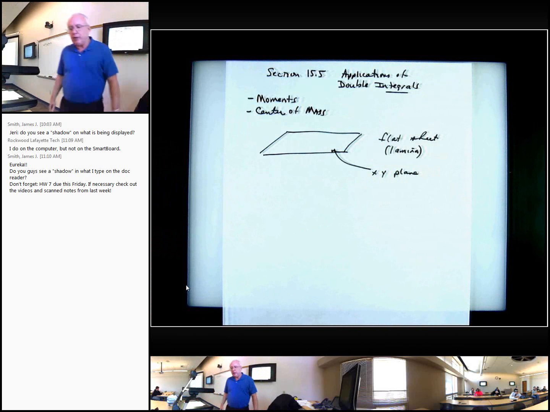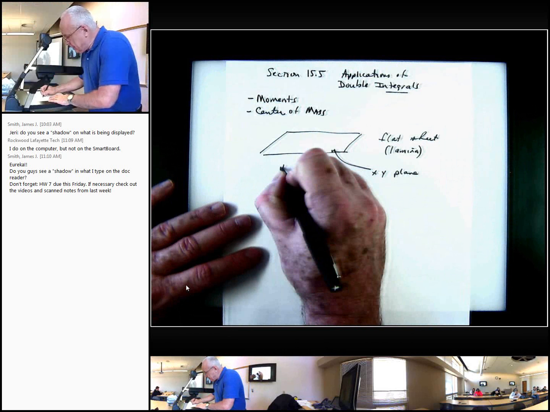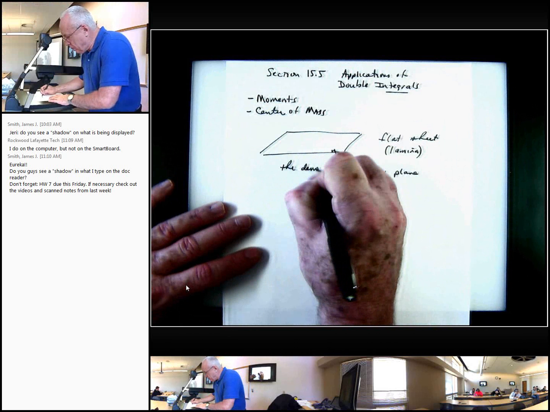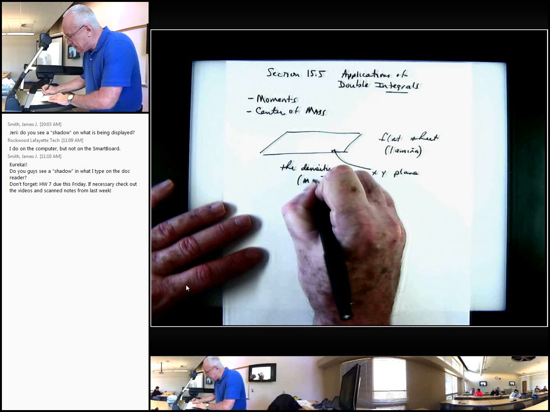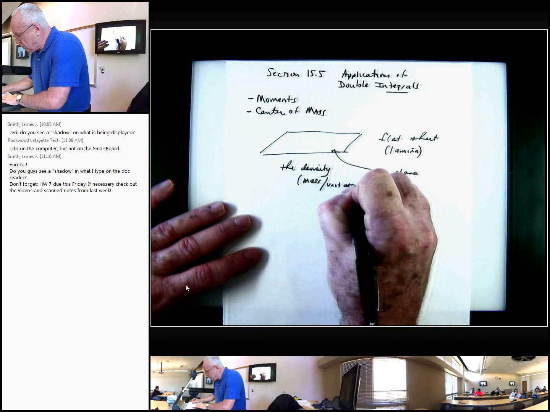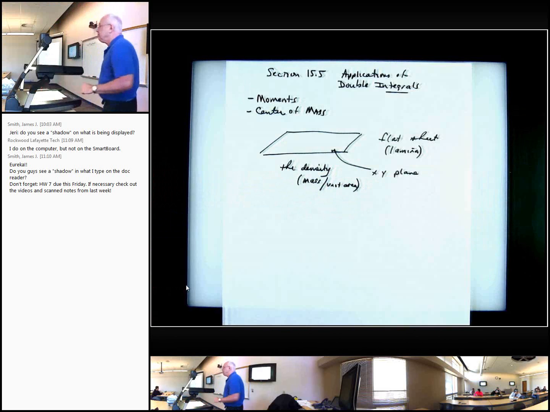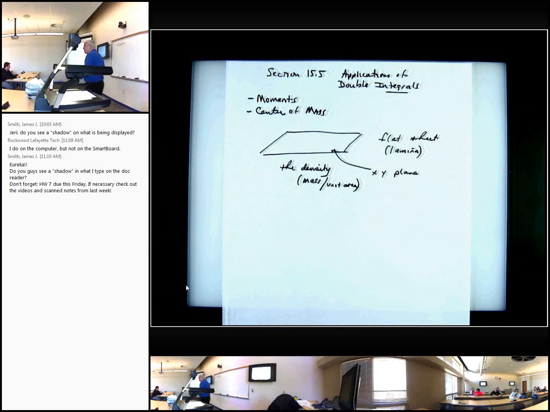It has variable density. And by the way, density means mass per unit area. So if something's more dense, like, how about a black hole? That's pretty dense.